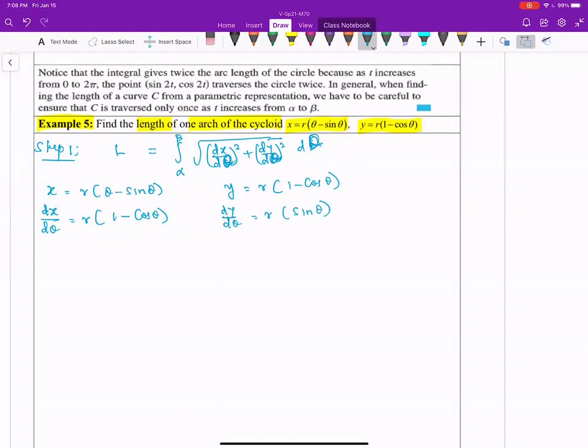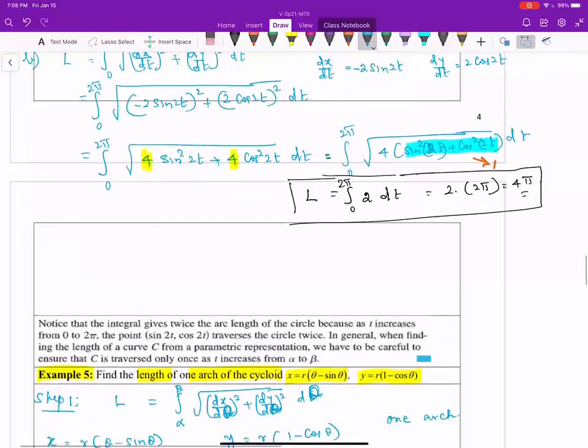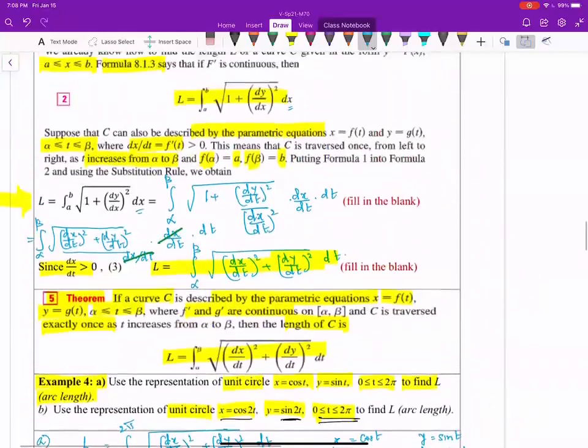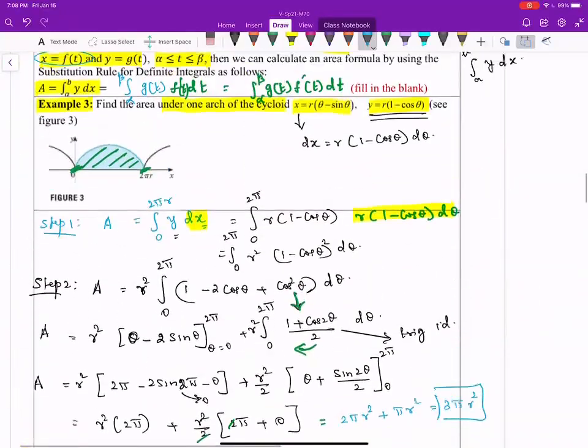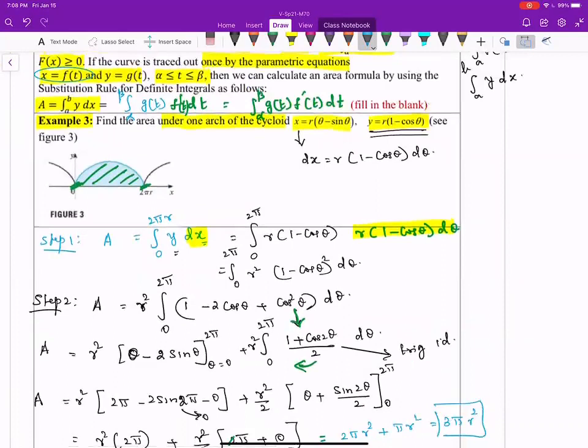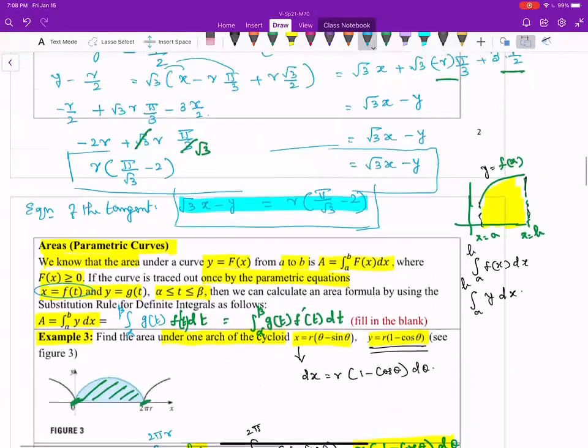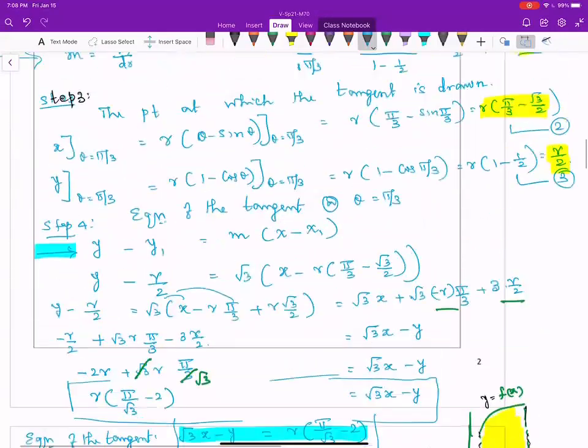And theta, because it says it's one arch. Earlier when we graphed the cycloid, we said that when you take one arch, theta is from 0 to 2 pi. We have seen that in one of the examples before.